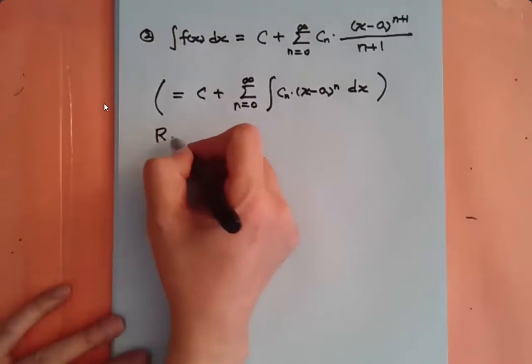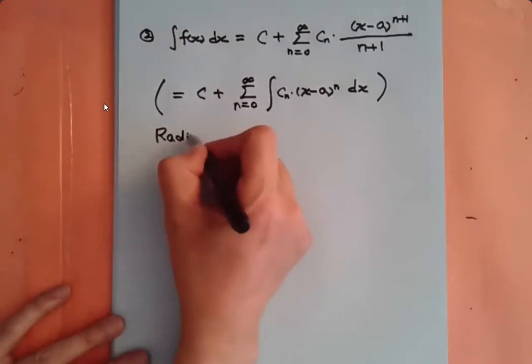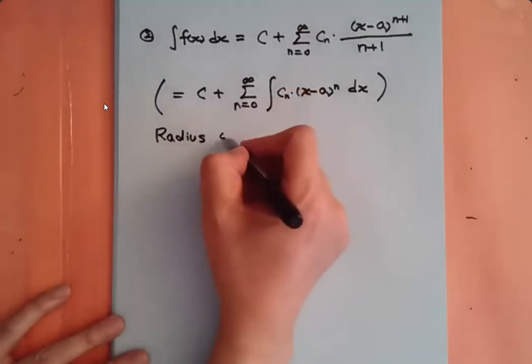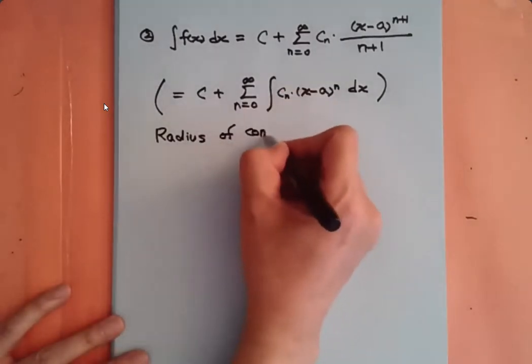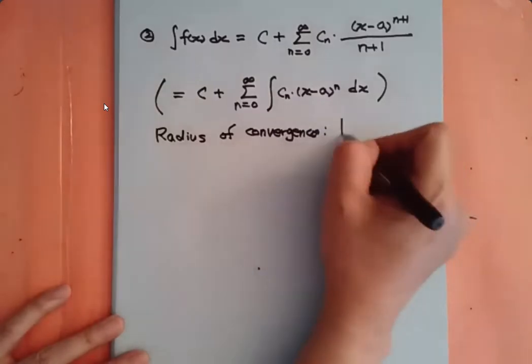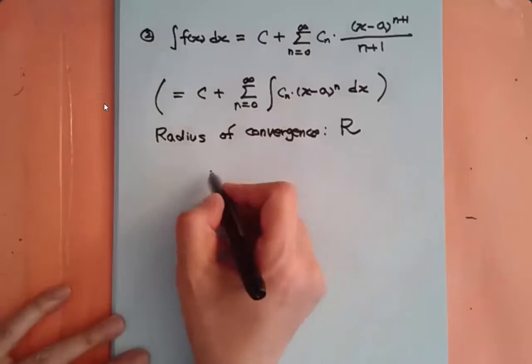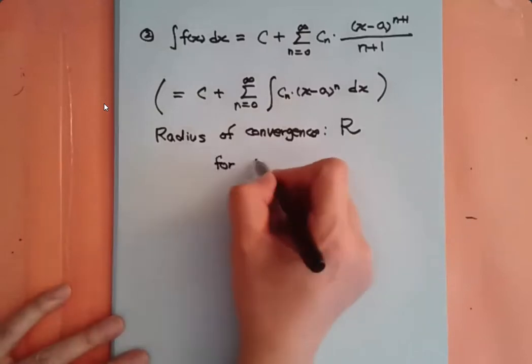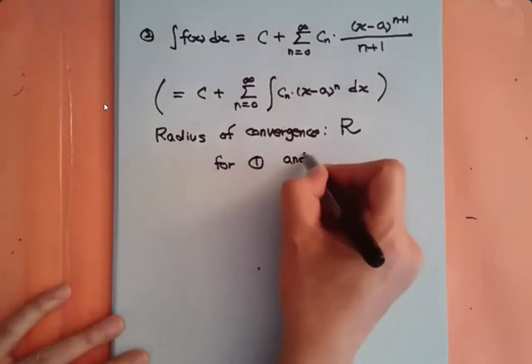And after the integration or differentiation, the radius of convergence will not change. So the radius of convergence will remain as R for 1 and 2.